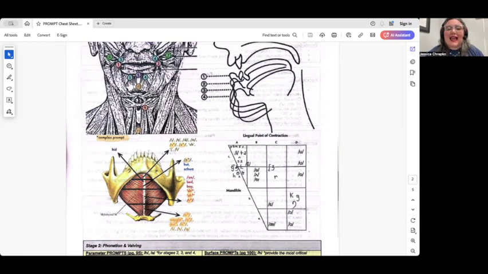And so sounds that happen there include your p, b, m, f, v, t, d, n, s, z. We also have the speech sounds ch, j, l, and v. All of those are with the tip of your tongue.